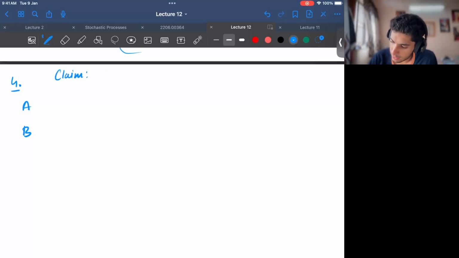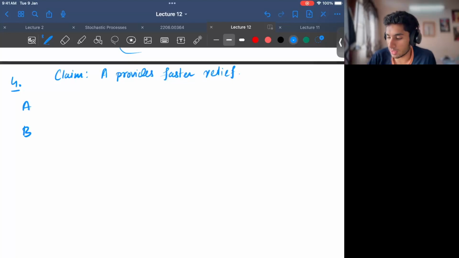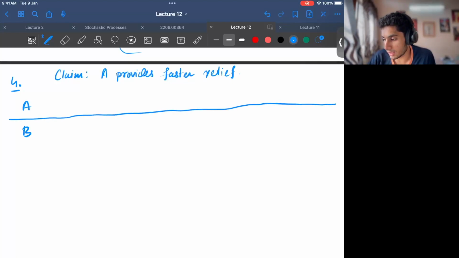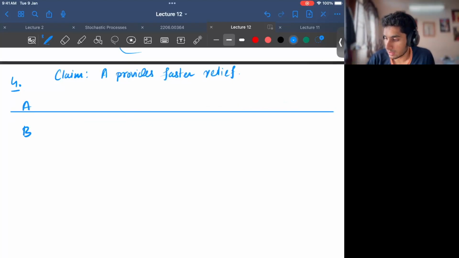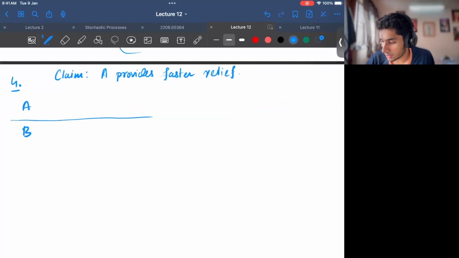The claim is that A provides faster relief. You can see these are practical problems as well. Someone can claim anything, but how do you decide if the claim is reliable or not? These tests are for that purpose.